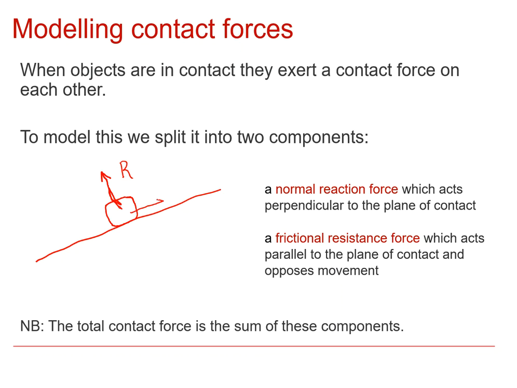So it could, for example, be acting up the plane, but it is always parallel to the surface. Okay, so the normal reaction force R is perpendicular to the surface, and the frictional force F is parallel to the surface. And the total contact force is the sum of these two vector components.